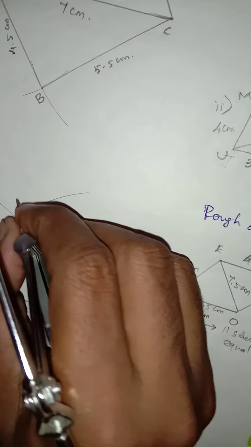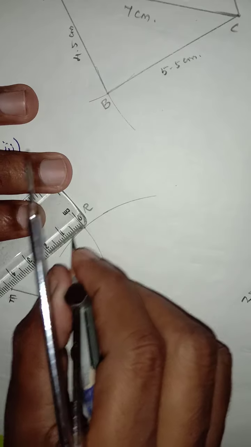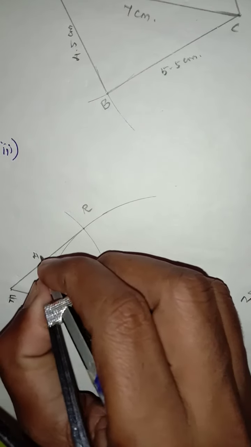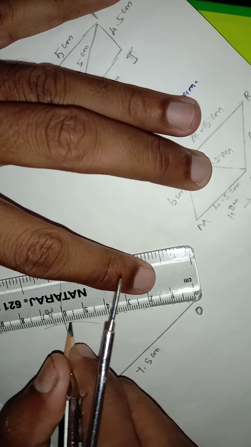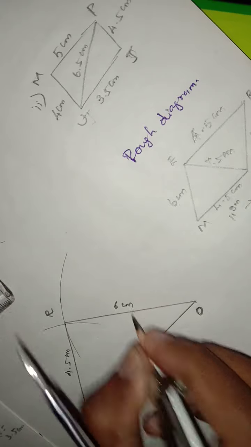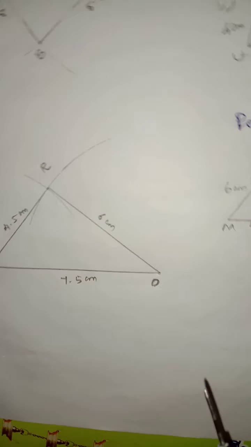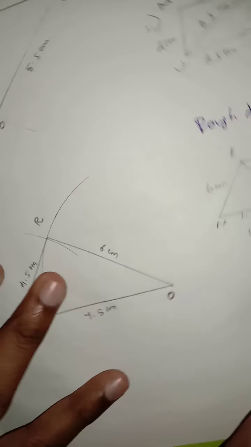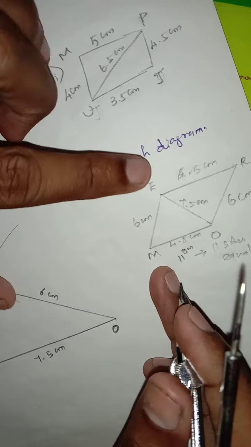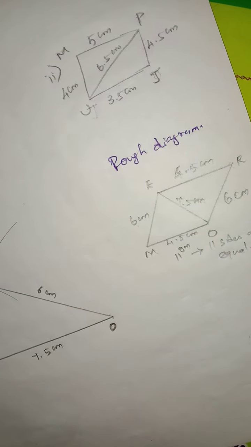OR is 6 centimeter and ER is 4.5. So this is R. Just join. This is 4.5 centimeter, and this one is 6 centimeter. Then immediately draw the line and complete the diagram using the scale. Again for the lower triangle, keeping the compass on E, we want to measure 6 centimeter.